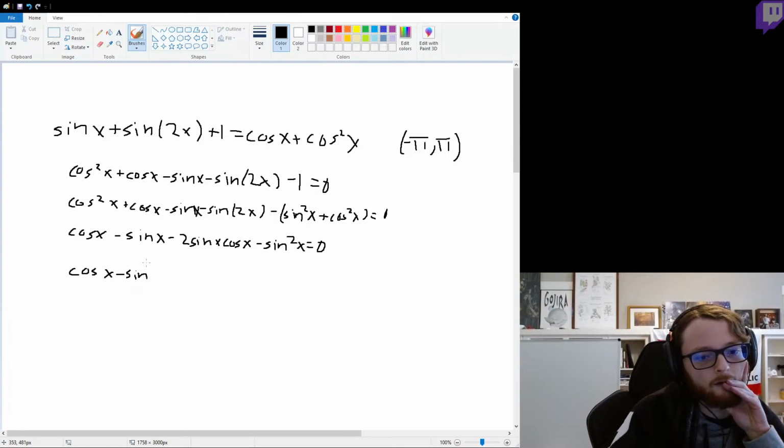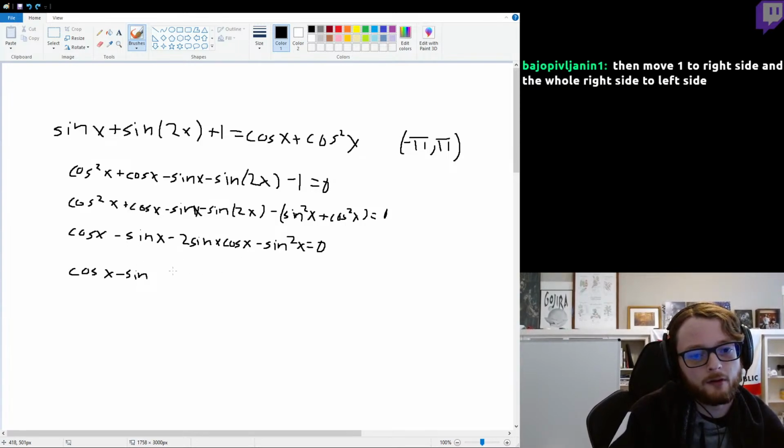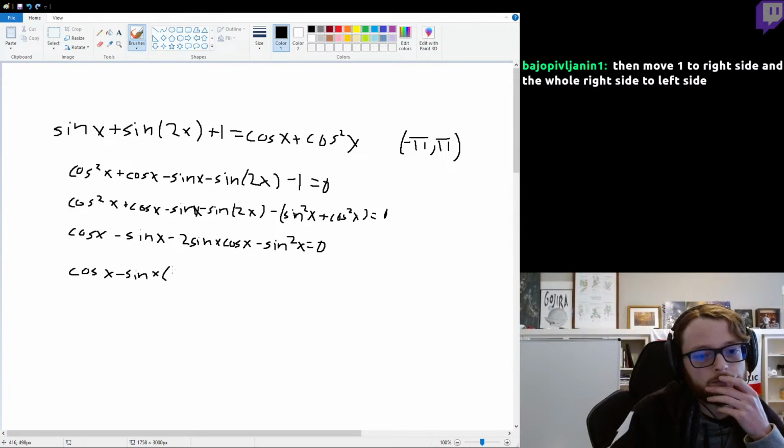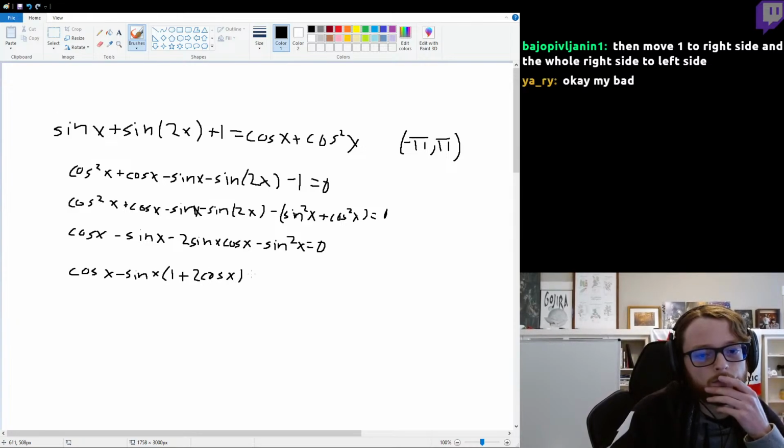So you're saying to take the sine x out of here and here? I don't think 1 plus 2 cosine x is anything, though.